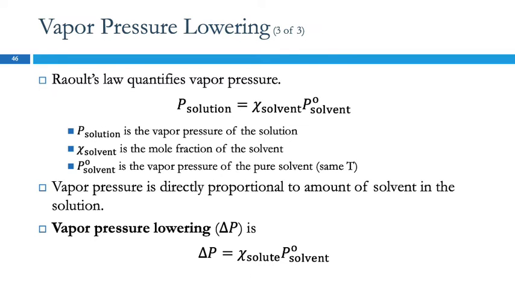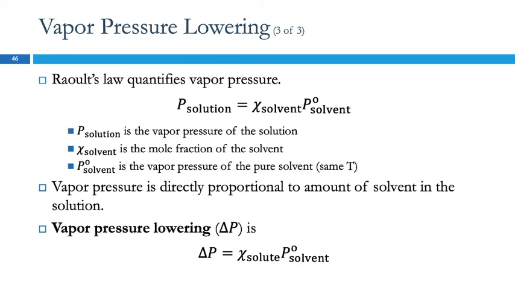Of course, there's a law that quantifies that. It's called Raoult's Law. And this is the person whose quote was at the beginning of the chapter. So the vapor pressure of the solution is going to equal the mole fraction of the solvent times the partial pressure of the pure solvent. And this has to be all at the same temperature.